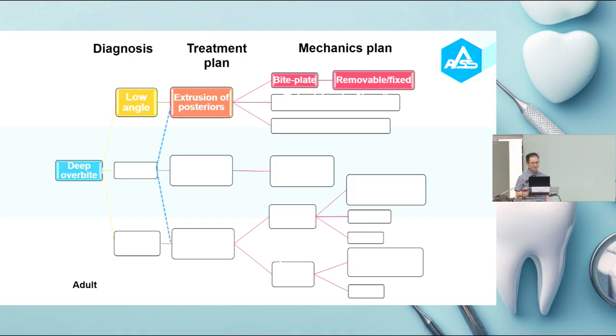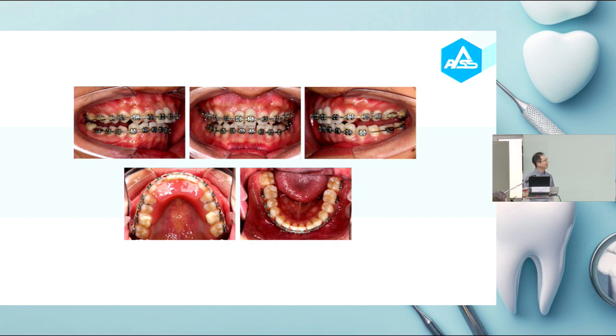For the low angle case, we wanted to extrude the posterior teeth, and a bite plate was used in this patient. The upper central incisors were hopeless teeth and were extracted. A removable bite plane was used to open the deep overbite.